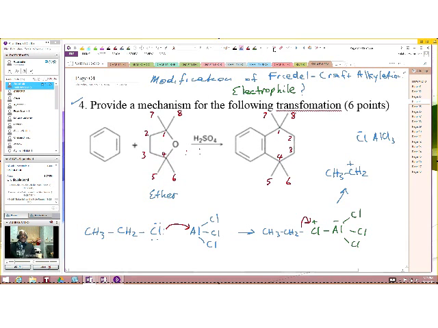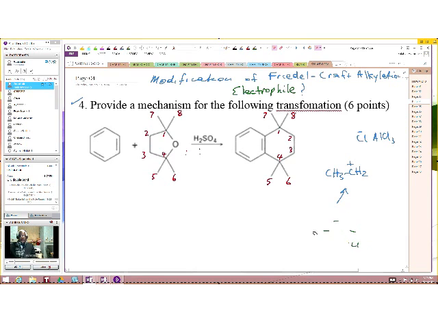So I have now given you that information. What will be the mechanism of this reaction?